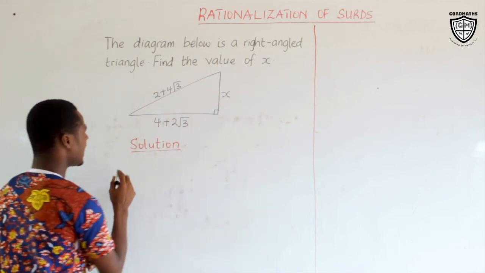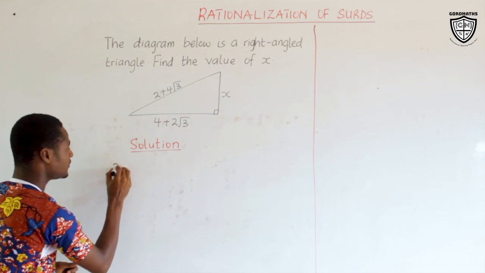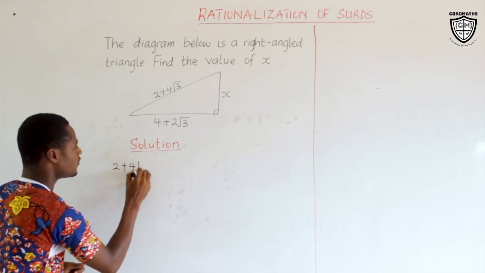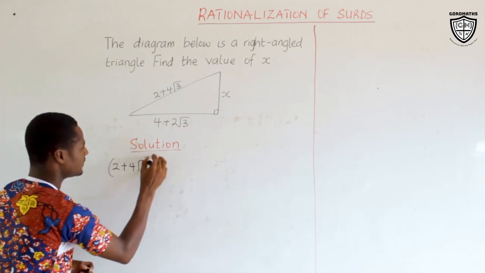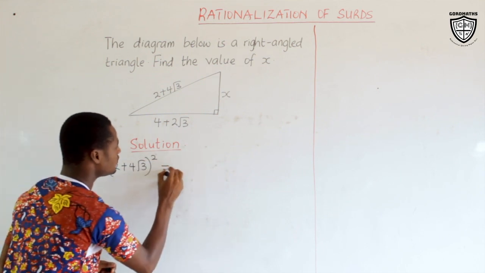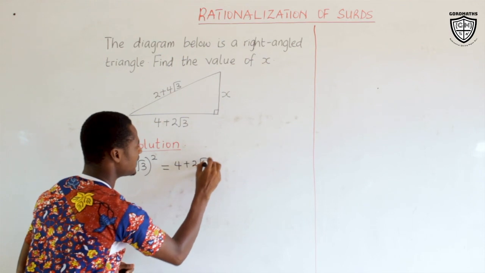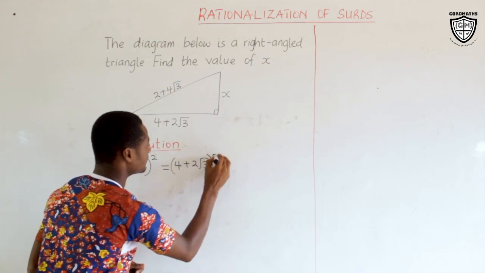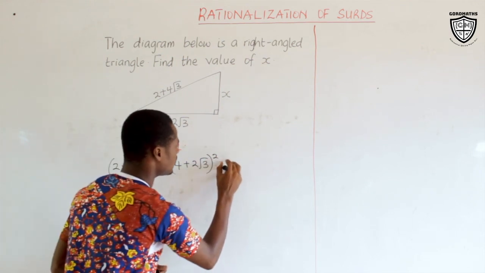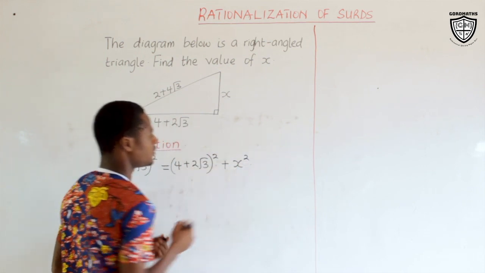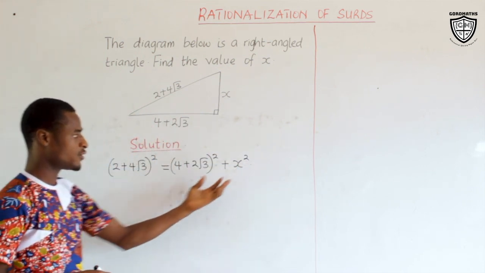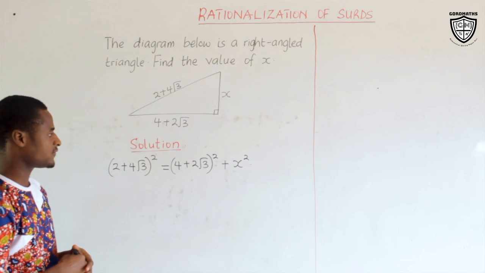So we would have the square of the hypotenuse, which is 2 plus 4 root 3, is equal to the square of the two other sides. This is called the Pythagoras Theorem. And we want to find the value of x from this.